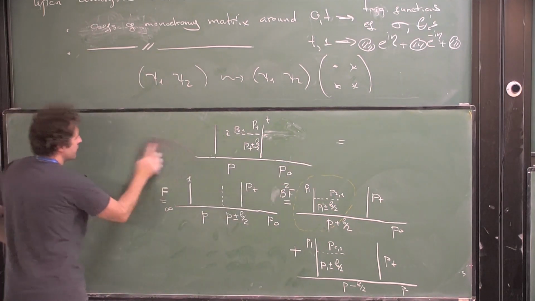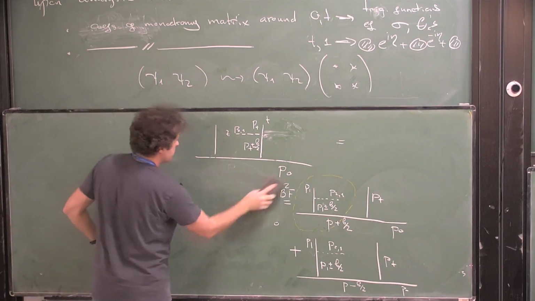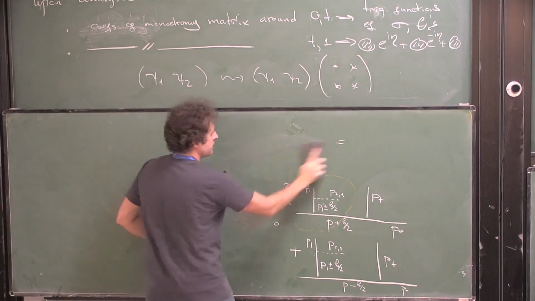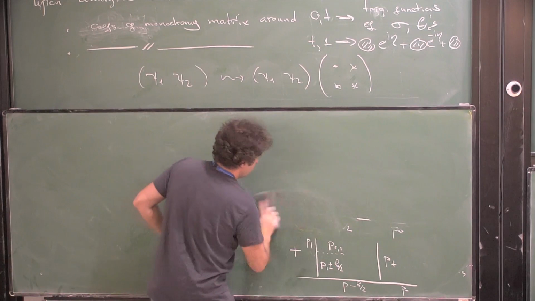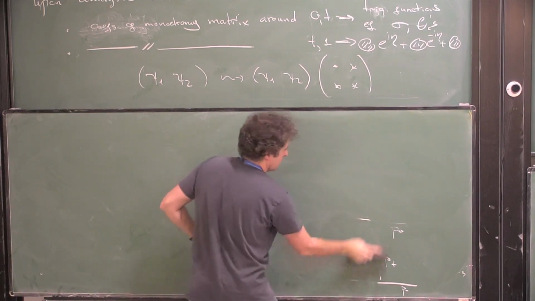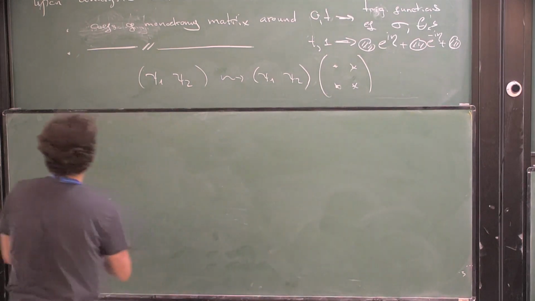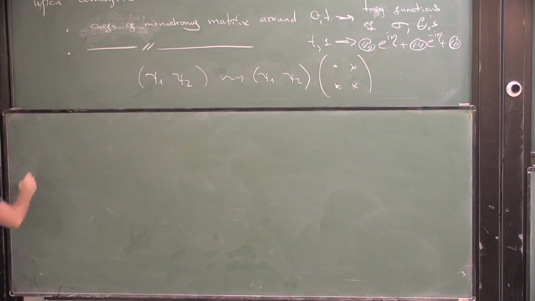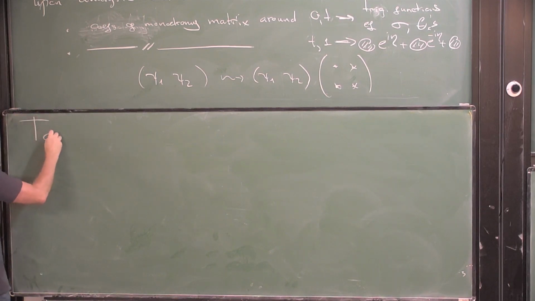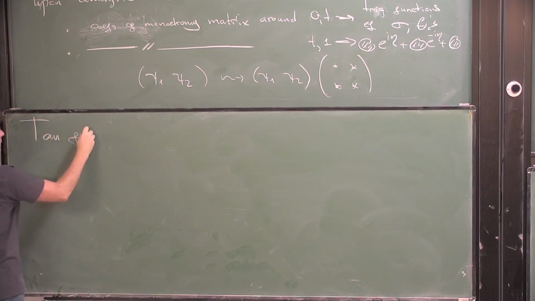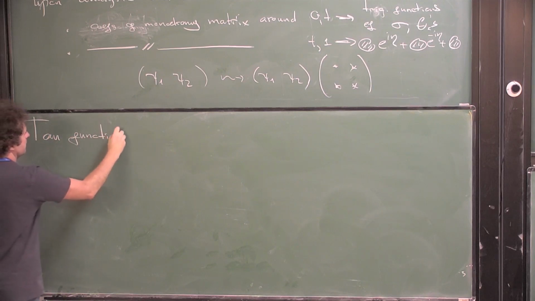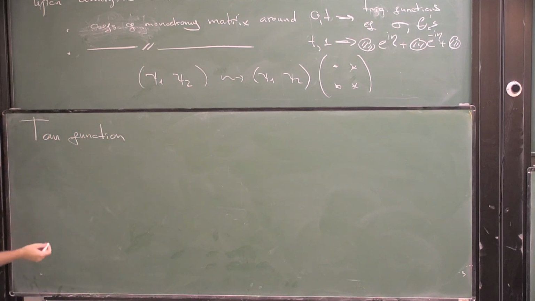The only thing that remains to do now is to reconstruct from this expression the corresponding tau function, and the expression for the tau function is in a way even more simple.